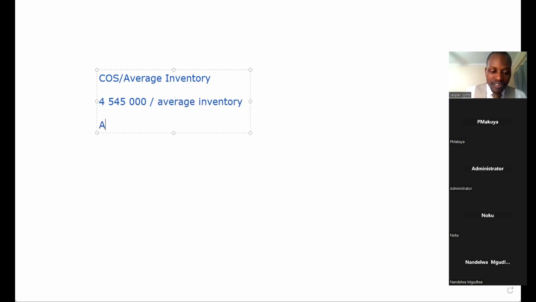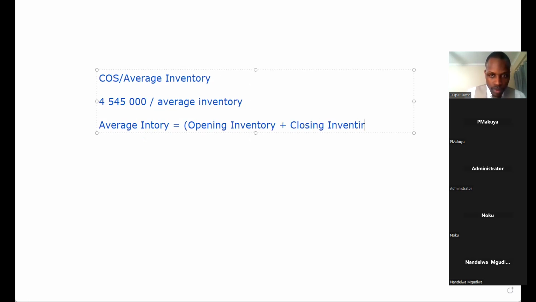For you to calculate the average inventory, you're going to need the opening inventory plus the closing inventory divided by 2, just like you normally calculate an average, right? So what is our opening inventory?